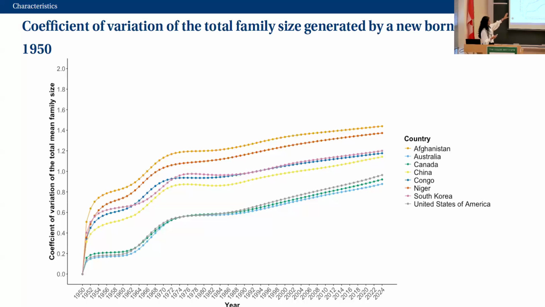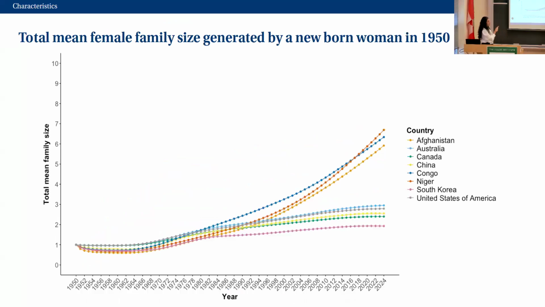On the other hand, if you look at Niger and Afghanistan on top, their CV values are very high. Again, they have very high fertility rates, but at the same time, they have very high mortality rates. So that might be incorporating a certain level of variability into the family sizes. Then another interesting thing we see here is that previously we saw that Congo had a pattern similar to Niger and Afghanistan.